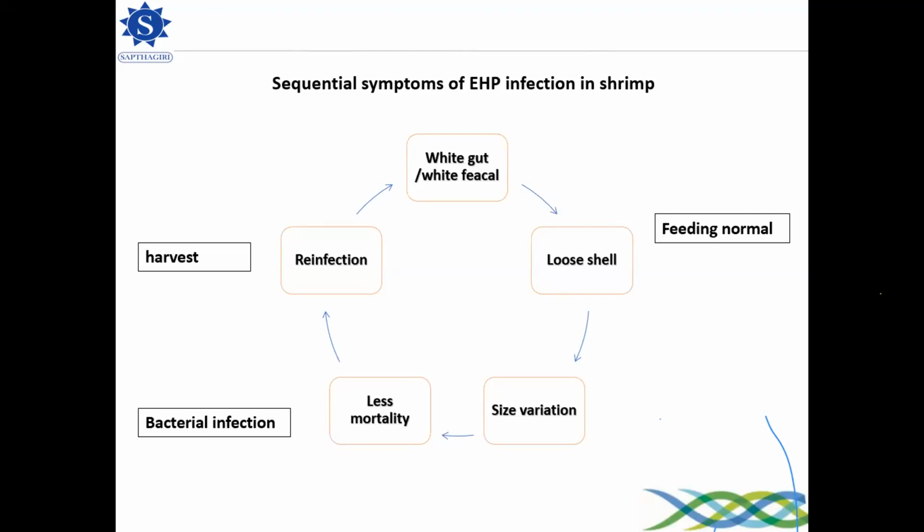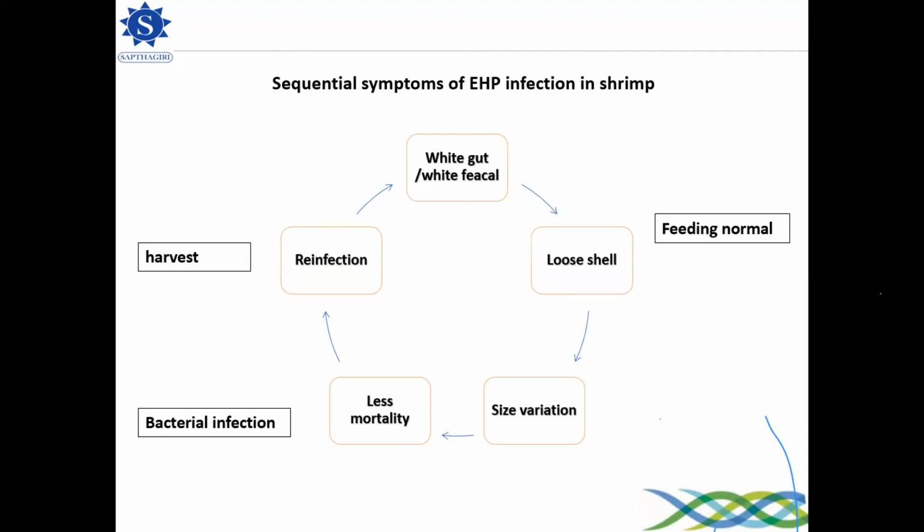After this disease phase, there is a chance of secondary bacterial infection, which leads to mortality. And the cycle continues every 35 to 40 days. Due to the secondary damage, the mortality rate will be 5 to 20% or even more, depending on the pond condition.